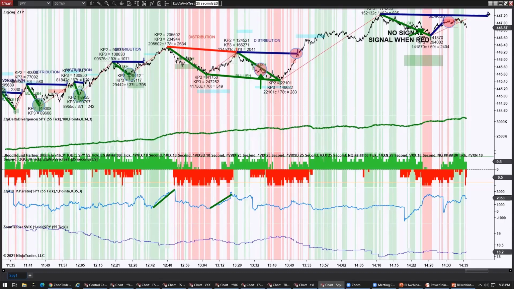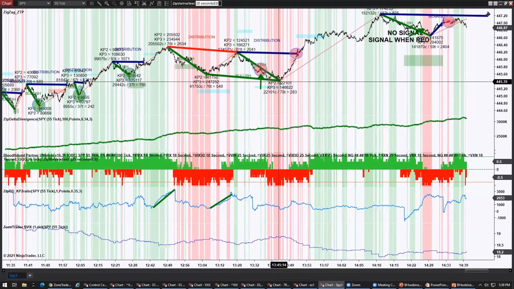Emmanuel asks, the green, red, blue arrows keep repainting until the zigzag lines move far enough in either direction. No, Emmanuel, it's not a matter of distance. It's just a matter of evaluating whether or not there is a divergence. So from right here, we had a legitimate divergence, and I can tell that with the software.